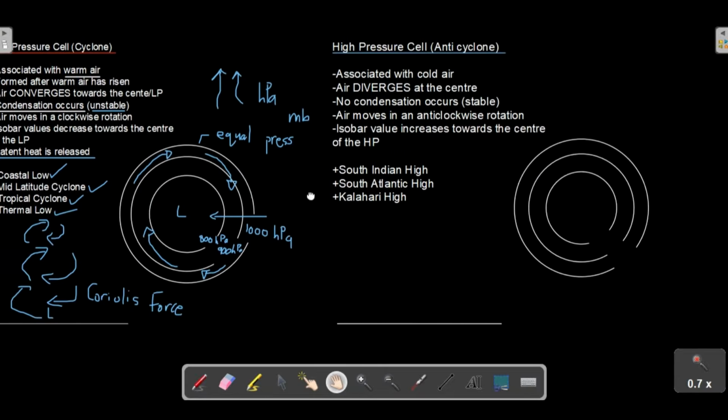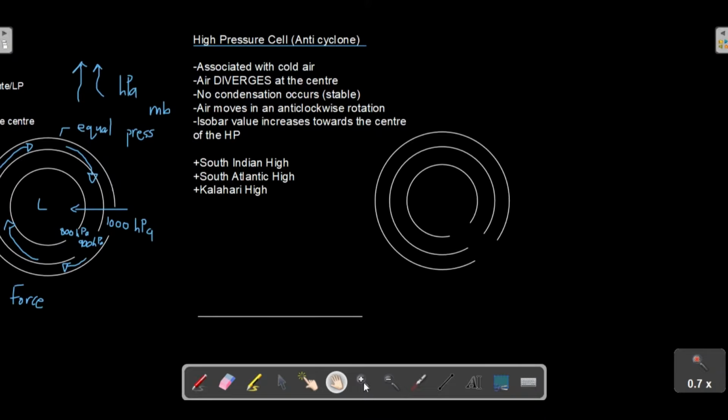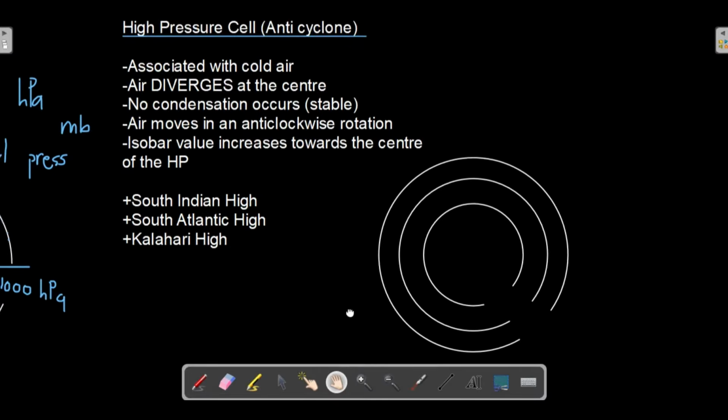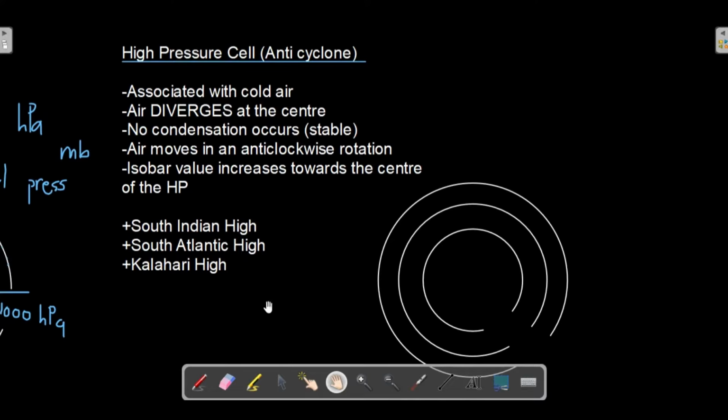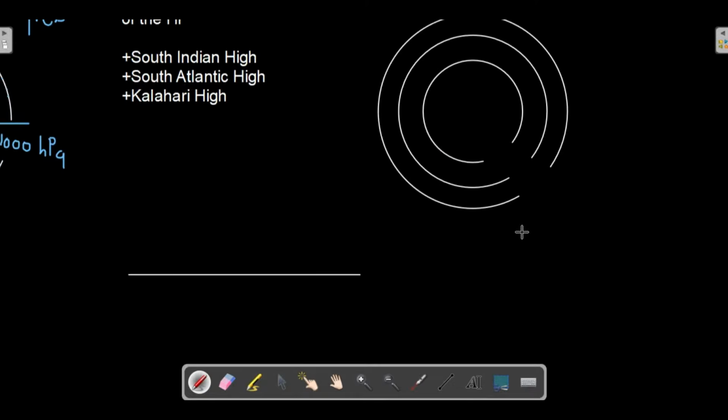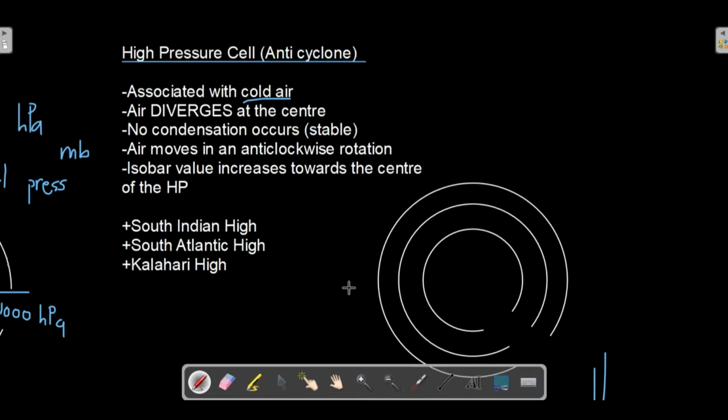Whereas when it comes to anticyclones, it's actually the opposite. We know that an anticyclone, of course, is associated with cold air. Air diverges at the center, we know that. So as air descends, it then diverges at the bottom, so at the surface.